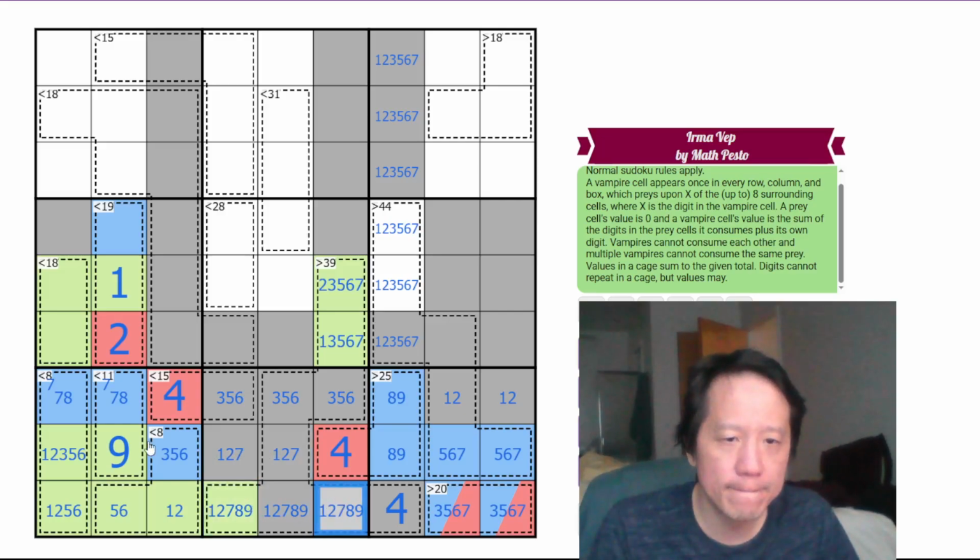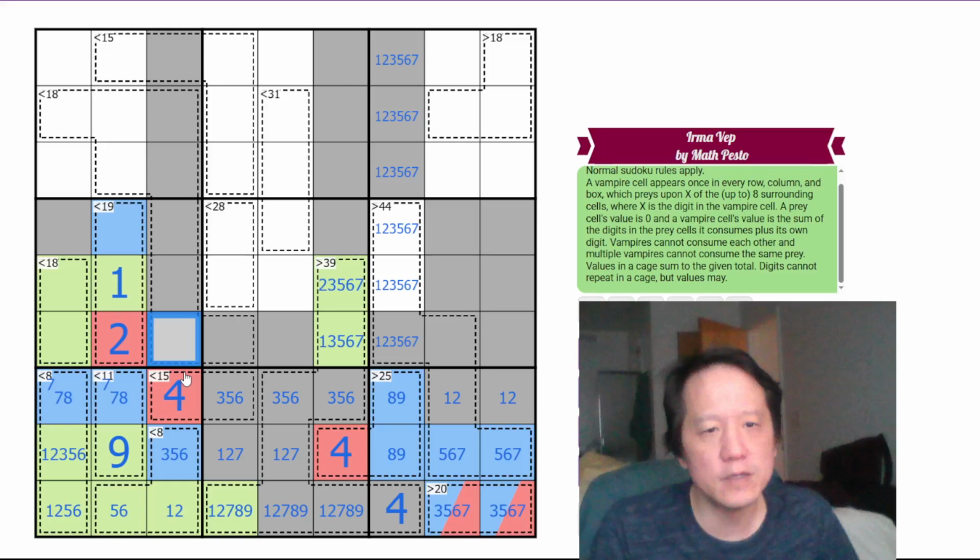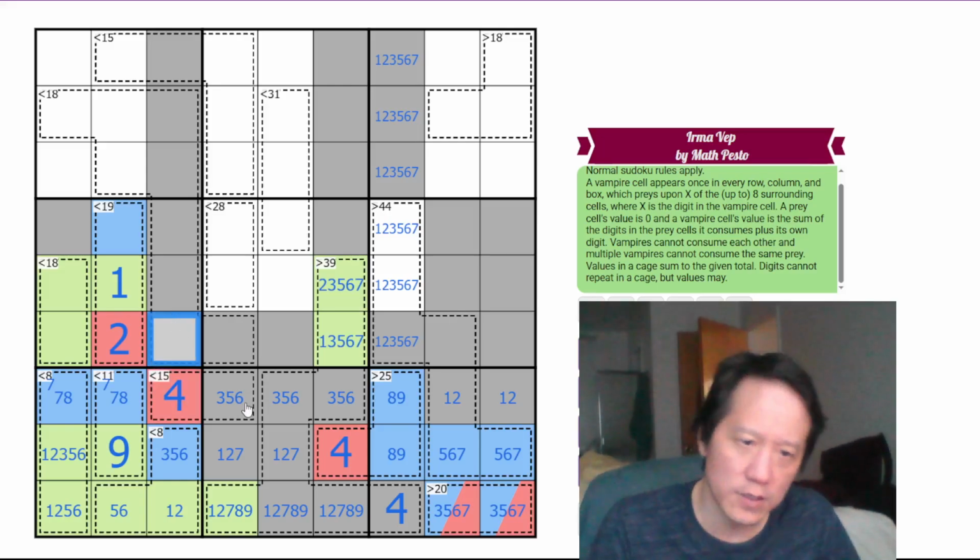Okay. This pulls from 4 digits. It could pull from 2 of these and 1 more of these. Say it pulled from here. So it does not pull from this one. This one because that would be too big.